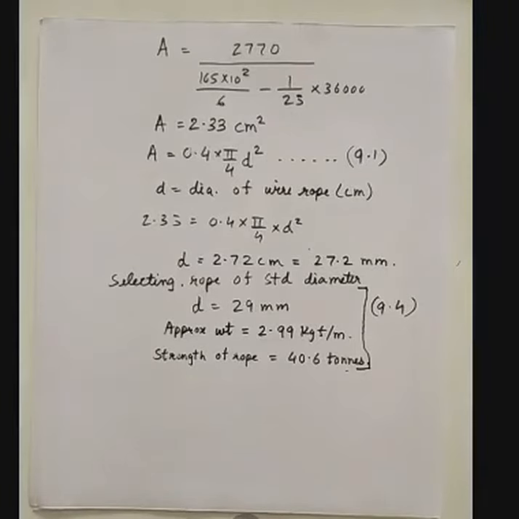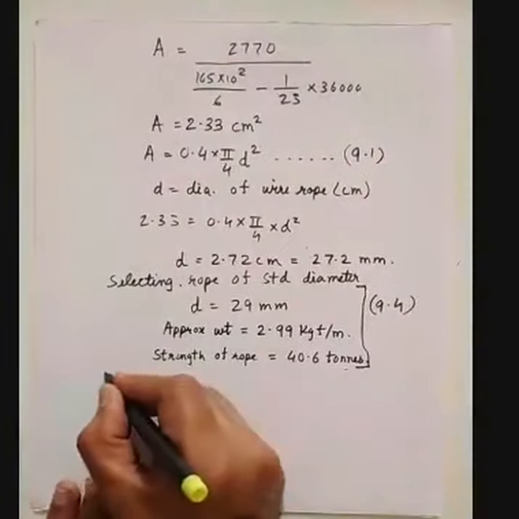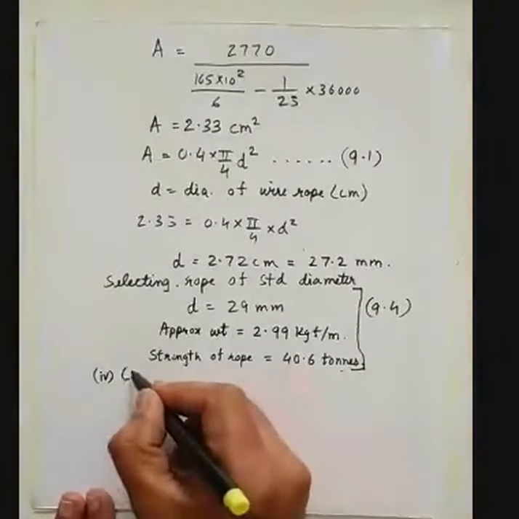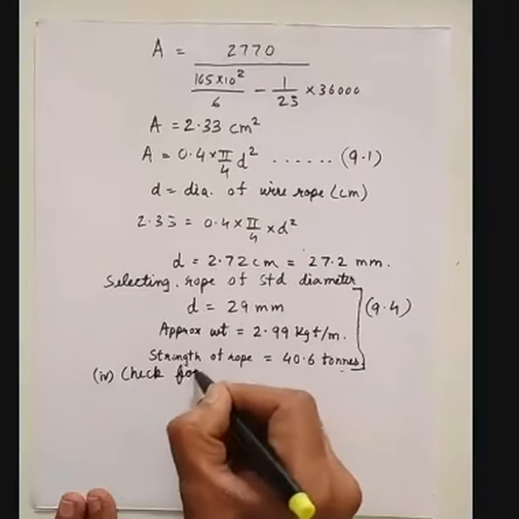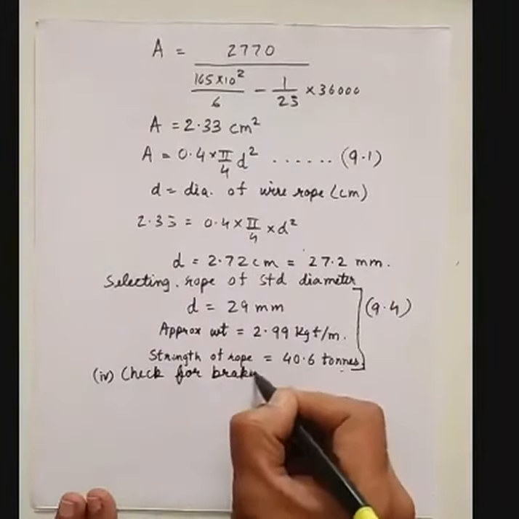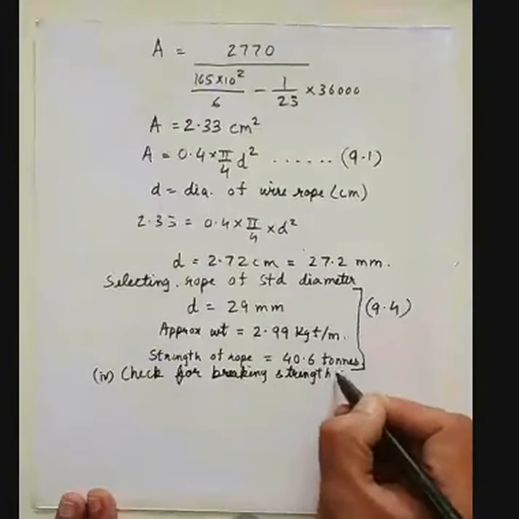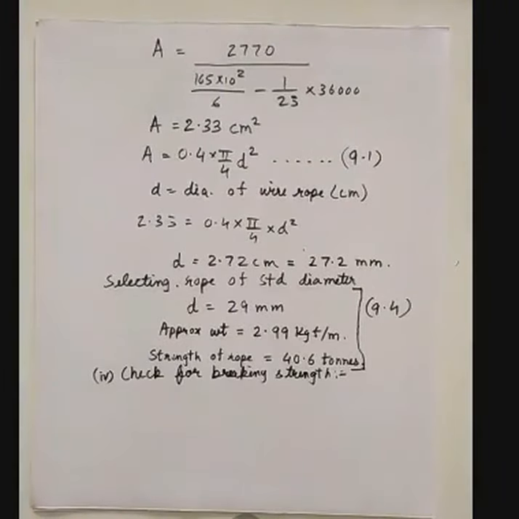Now selection is done. Now we have to check again whether the selected thing is proper or not. If you can remember, in design of gears, we used to select one gear and then, depending upon the failure, you used to check. In the same way, in the very next step, you have to check for breaking strength.